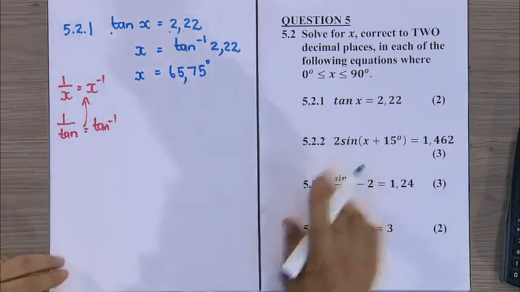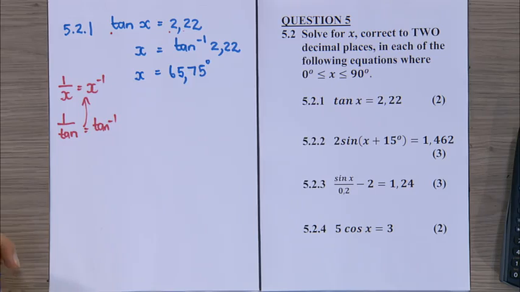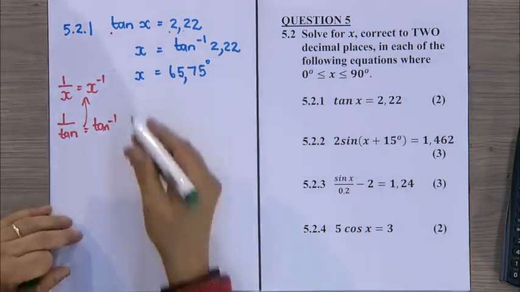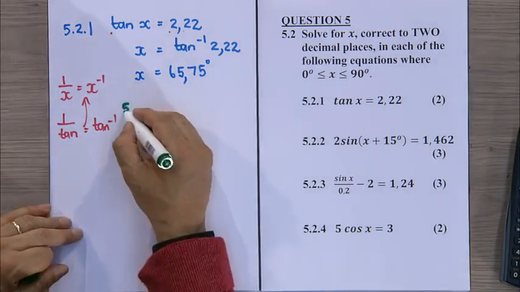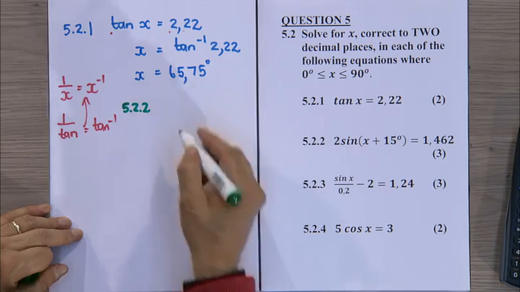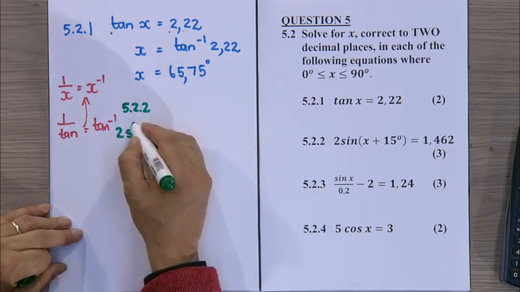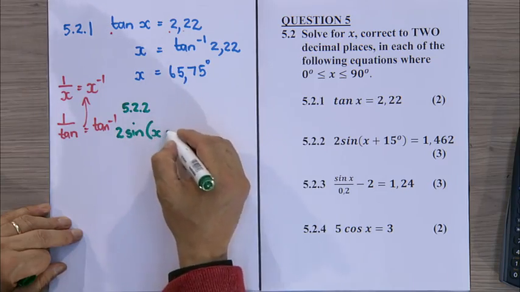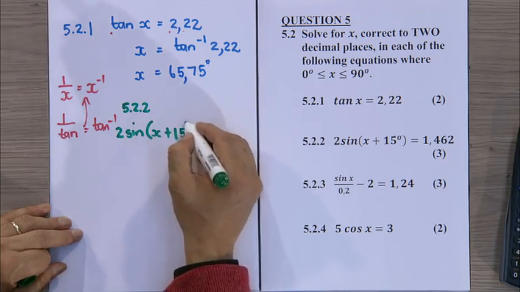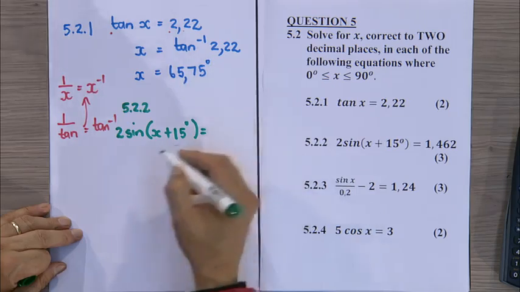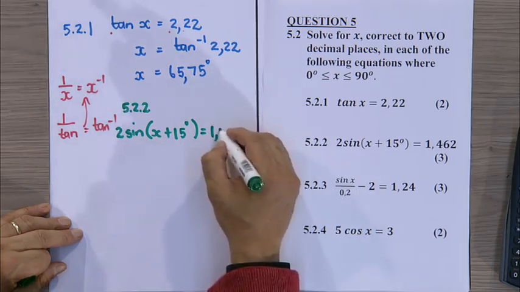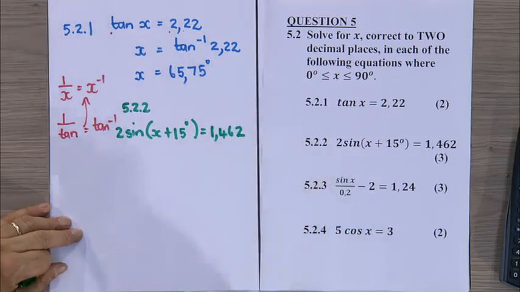In the second one, we have 5.2.2: 2 sine of x plus 15 degrees is equal to 1.462.